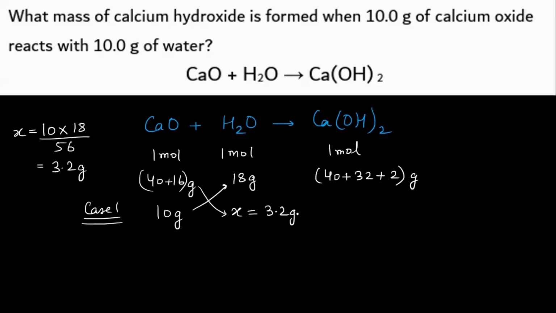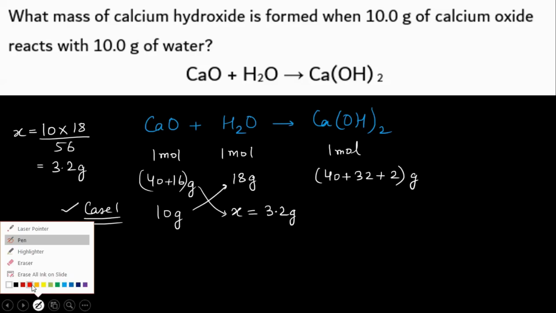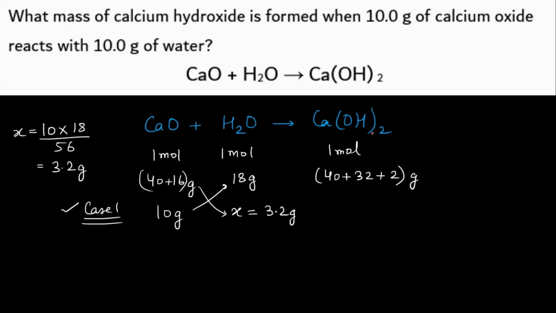Now in the question, you can check, we have 10 grams of water, which satisfies the condition. So case 1 is correct. We know that water is acting as the excess reactant and calcium oxide is acting as the limiting reactant.